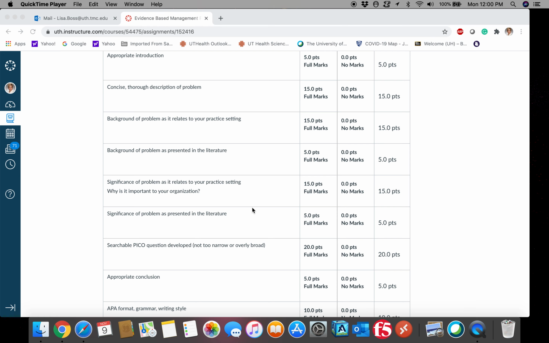And so, realistically, the patient outcomes are going to take longer to see a difference in. The first thing that you'll see and the easiest to measure would be the employee piece, but that's fine. You just have to make sure that's a realistic time frame for what your intervention is.